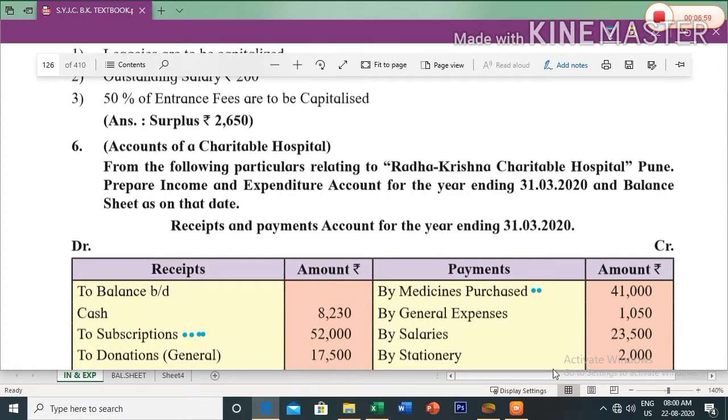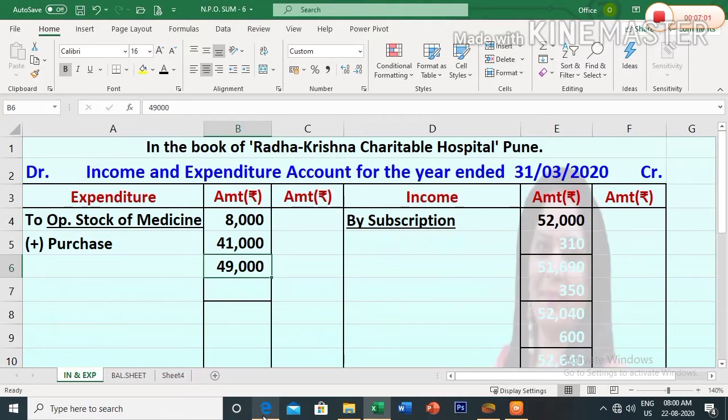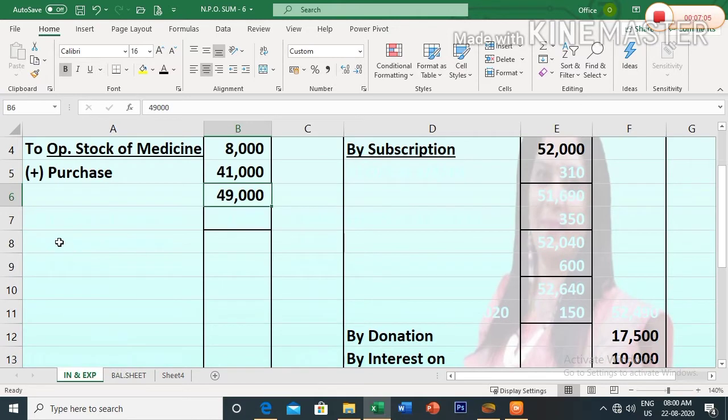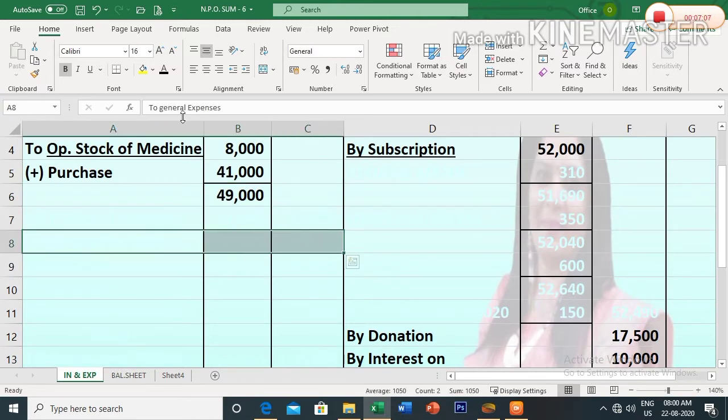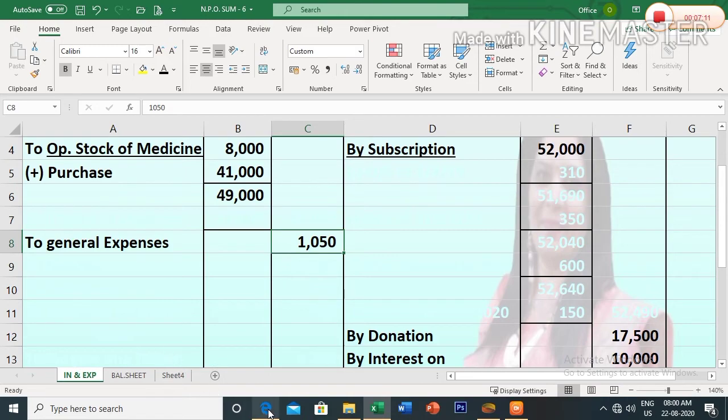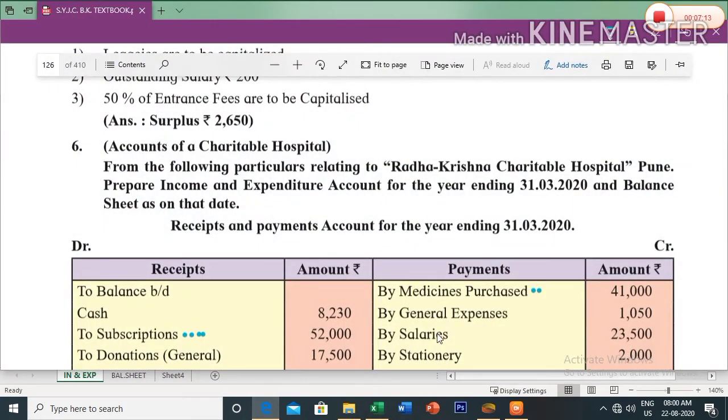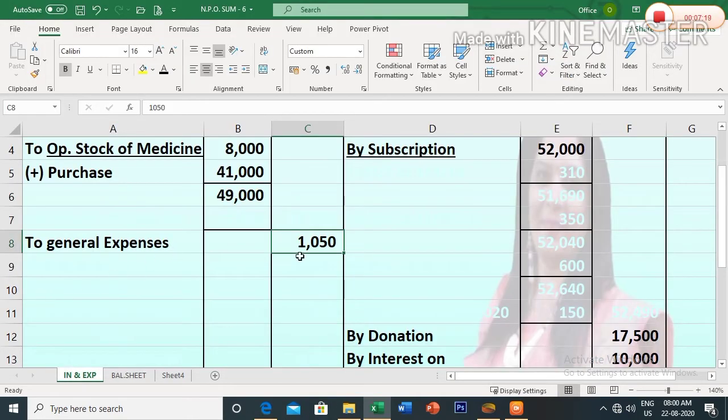General expense 1,050. It will be recorded in income and expenditure account debit side. We have to record general expense 1,050. Salaries 23,500 in income and expenditure account debit side.